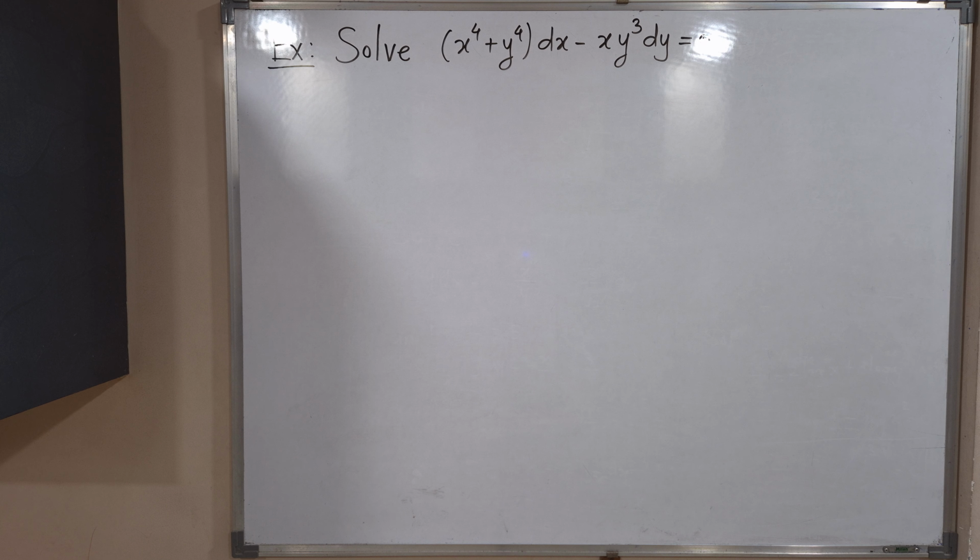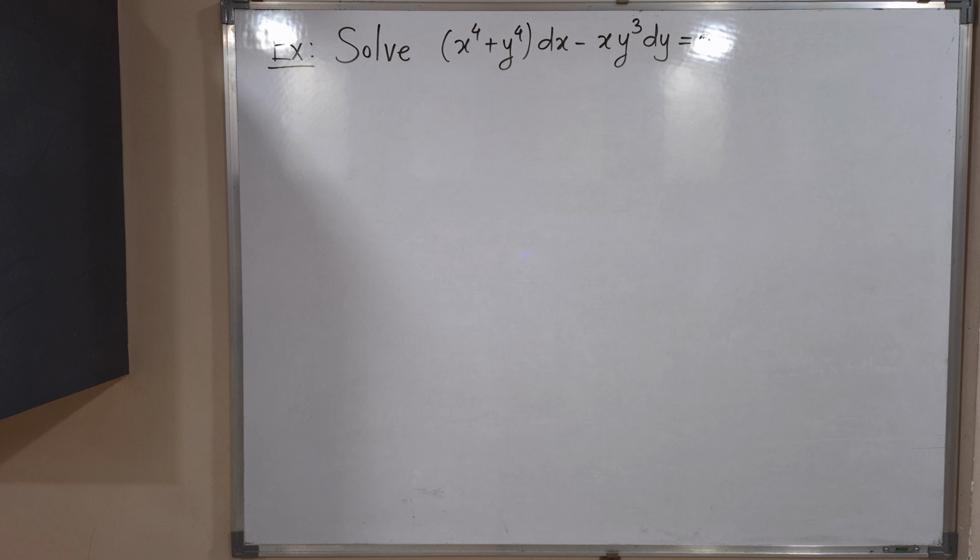Okay, so now how to find the integration of this one? We have a very simple formula. Integration of x raised to n is x raised to n plus 1 upon n plus 1. That means whatever the power, we add 1 in power and the same number in denominator. So it means value will be log x plus y raised to 4. We are adding 1 here. So minus 4 upon minus 4.